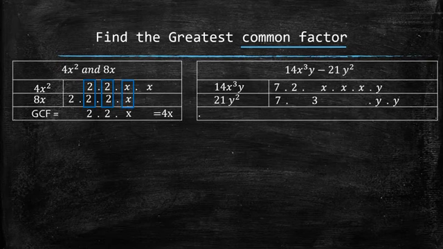Okay? The factor of y squared is y times 1. So, you find now the common. So, there are two common factors. Okay? So your GCF is 7 and y. So that is equal to 7y. That is how you get the greatest common factor.